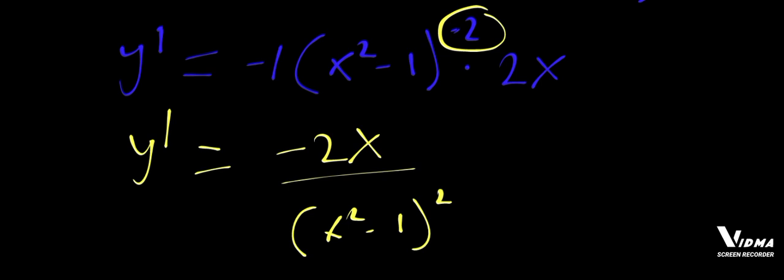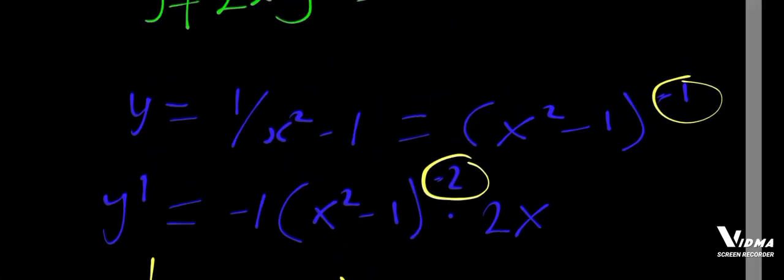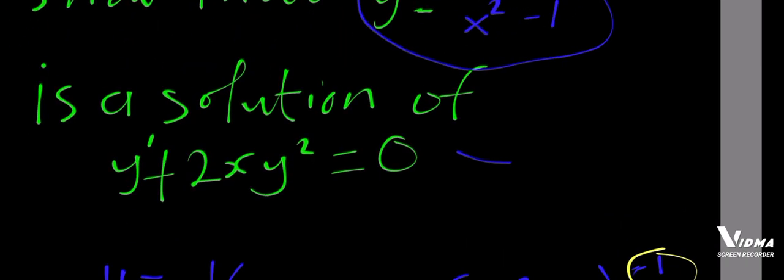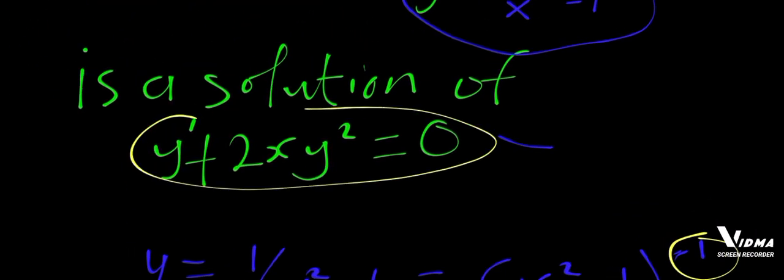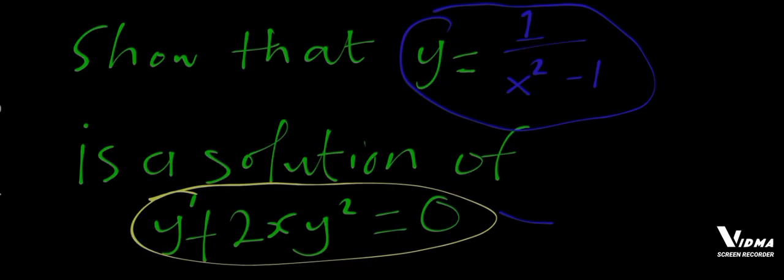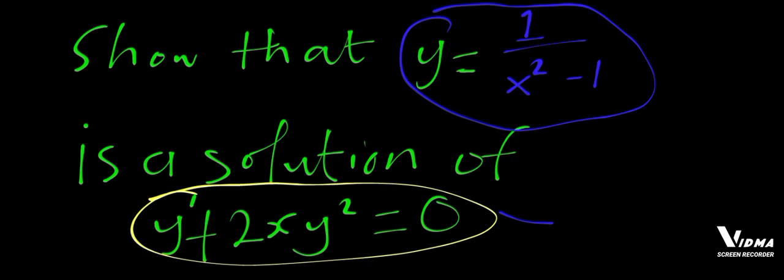Okay. And now, since we know our equation and we now have our y prime, let's try to substitute it into our differential equation here. So we have y prime plus 2x y squared.